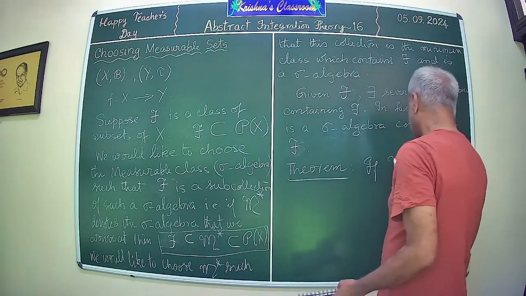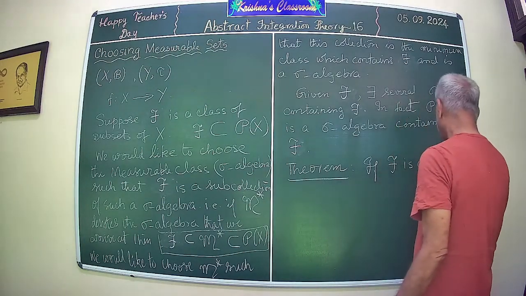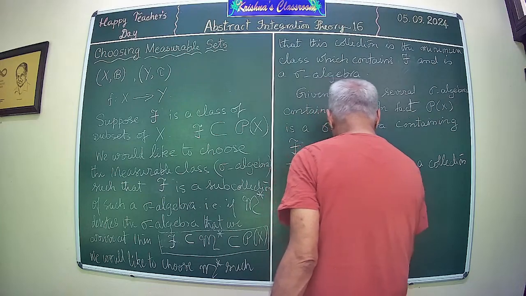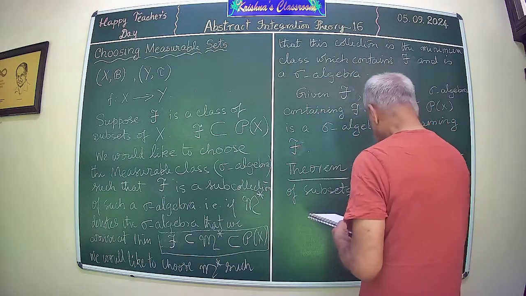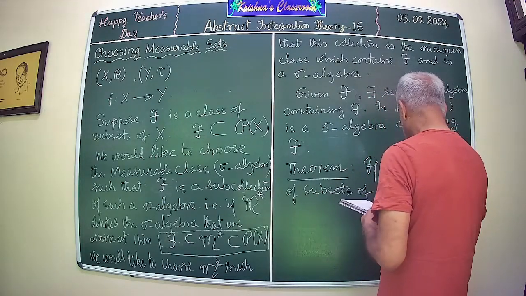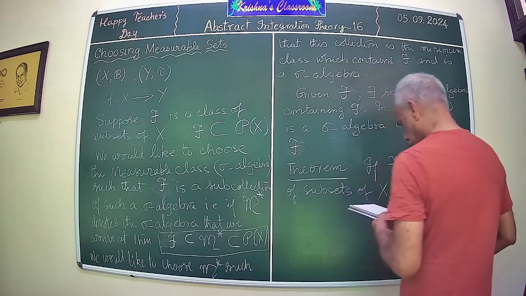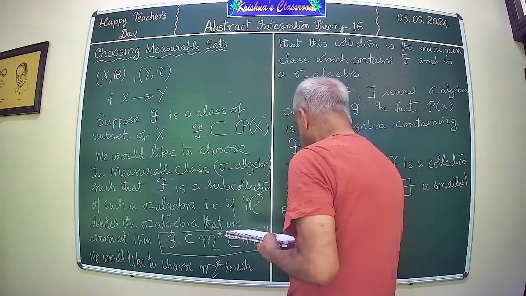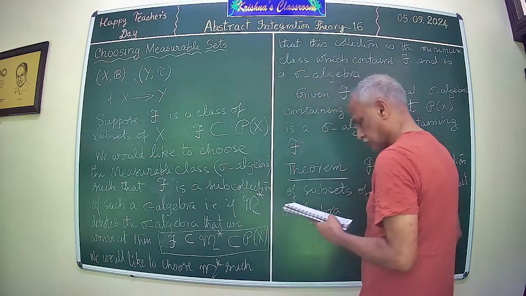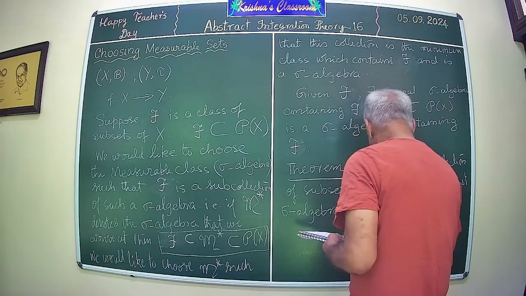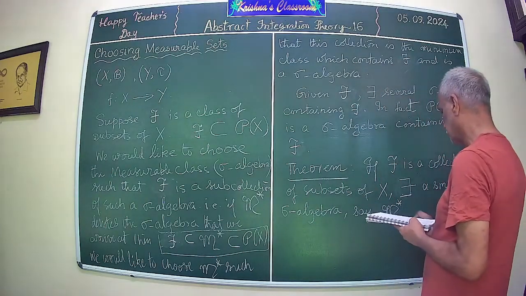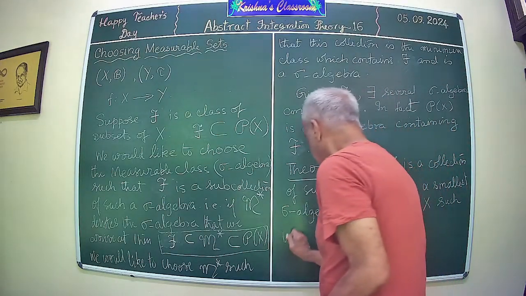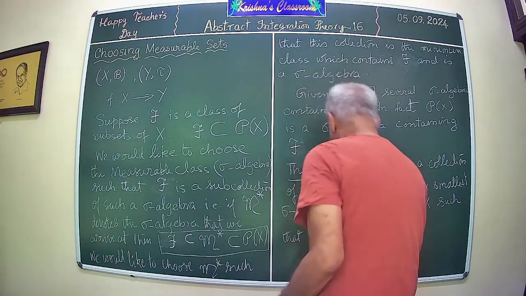So if F is a collection of subsets of X, there exists a smallest sigma algebra M star in X such that the collection F is contained in M star.